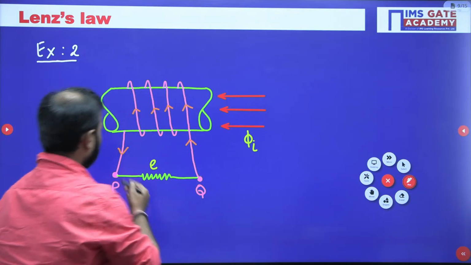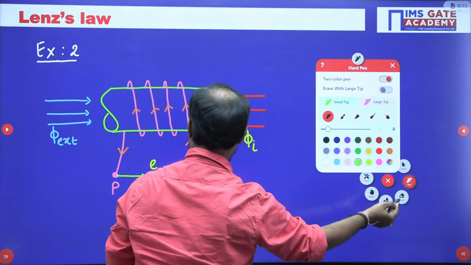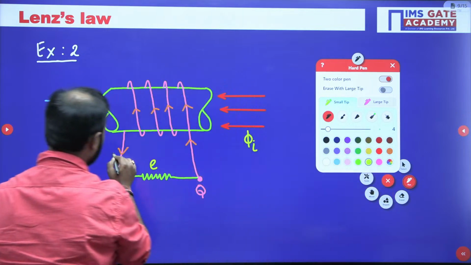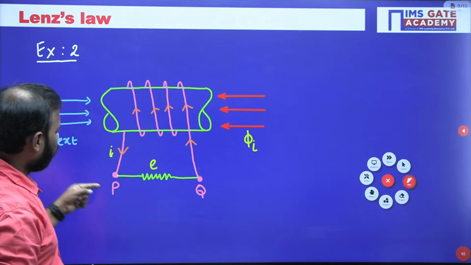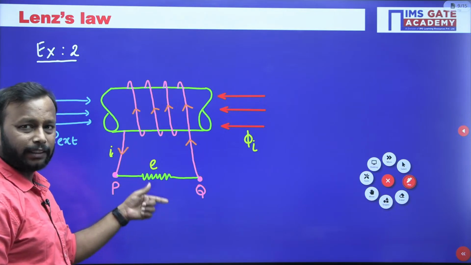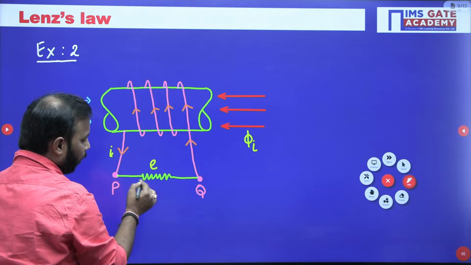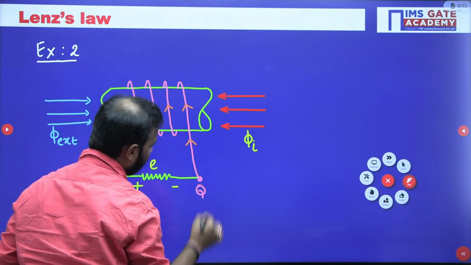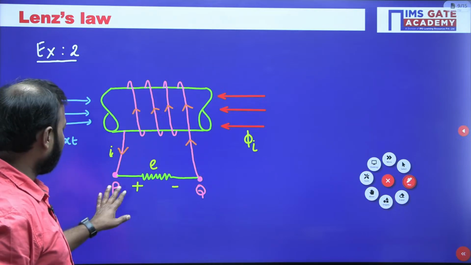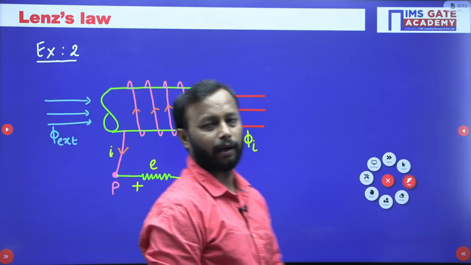This induced current I is going to flow through this resistor. So definitely it will enter at this point, so it will be plus, and here it will leave, so it will be minus here. So P will be positive and Q will be negative.